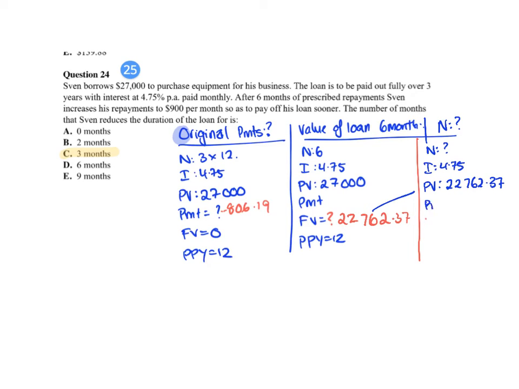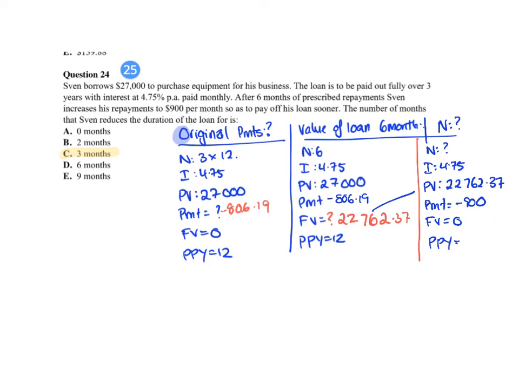He's now making these new payments of 900, so I'm going to say minus 900. And we'll find that the final value is 0 because he'll be paying it off.